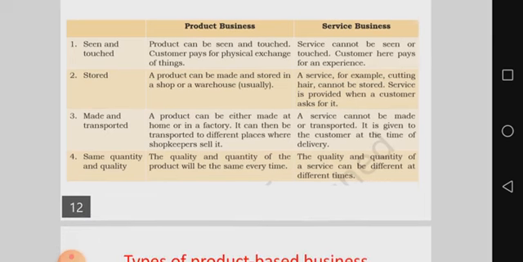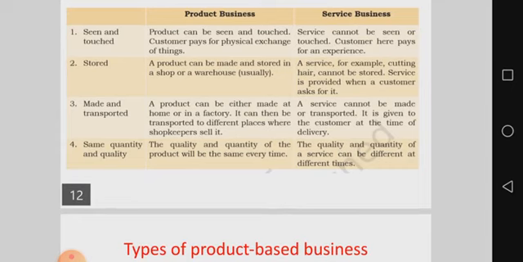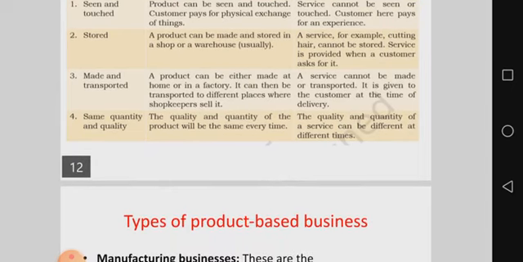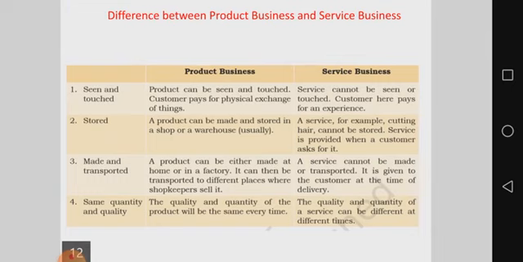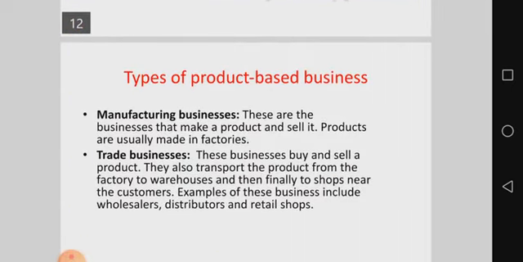Same quantity and quality: the quality and quantity of the product will be the same every time. The quantity and quality of service can be different at different times. All right, so these are the major differences between the product based business and service based business.